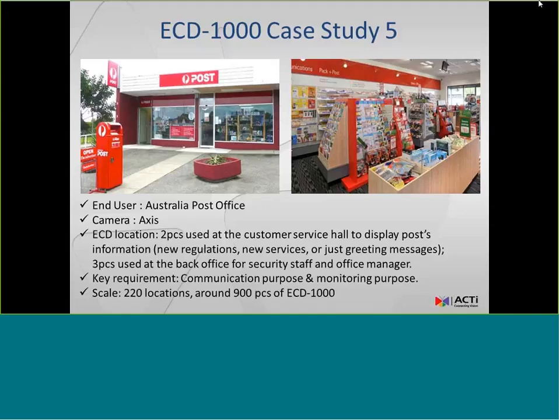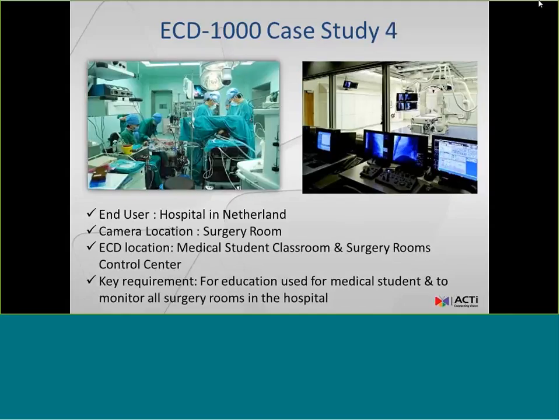So we have a question asking for more information about case study 4. In this surgery room, they use 1 mini PTZ camera, with a zoom ratio of around 10 times. And then in the corner, they have indoor dome cameras, which is Echo 58, and the PTZ camera is B95A.